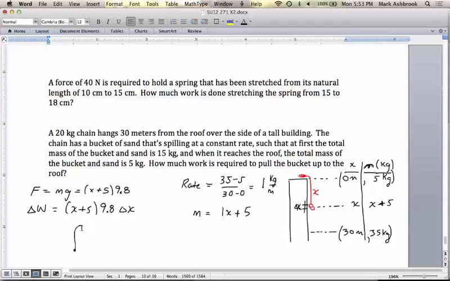And then we want to do that as x goes from, we're going to add up all those little bits of work, as x goes from, when x is 0, all the way up to when x is 30, adding up all those bits of work.